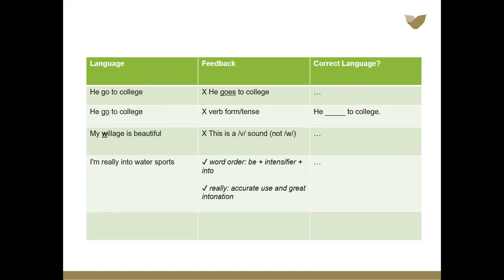Okay, I'm just checking the second one, he go to school, where the teacher has given the clues of verb, form, and tense, and the child is expected to correct it. What do you think? Metalinguistic. Excellent. Very well done. So you got that right.